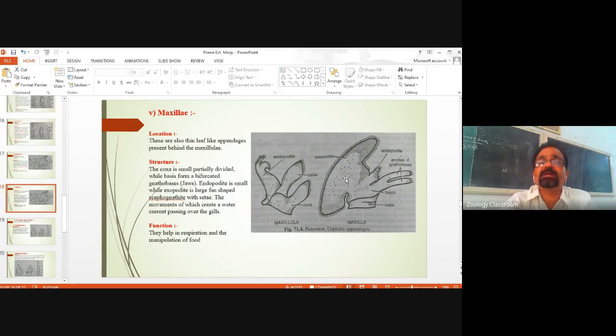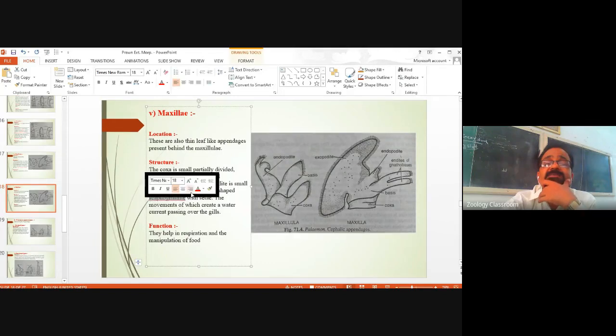Okay, they are biramous. Now, this large exopodite contains a large fan-shaped structure. This is called the scaphognathite. See, this entire structure is called the scaphognathite.